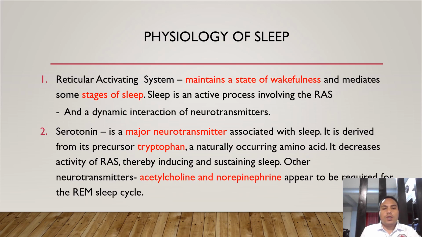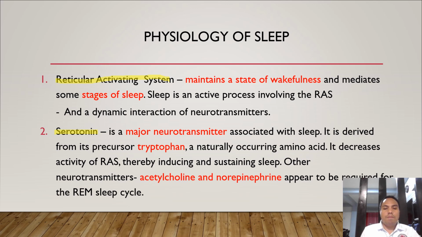Okay, this is the physiology of sleep. We have the reticular activating system and serotonin. The reticular activating system maintains wakefulness and mediates some stages of sleep. Sleep is an active process involving the RAS, or reticular activating system, and a dynamic interaction of our neurotransmitters. Serotonin is a major neurotransmitter associated with sleep.